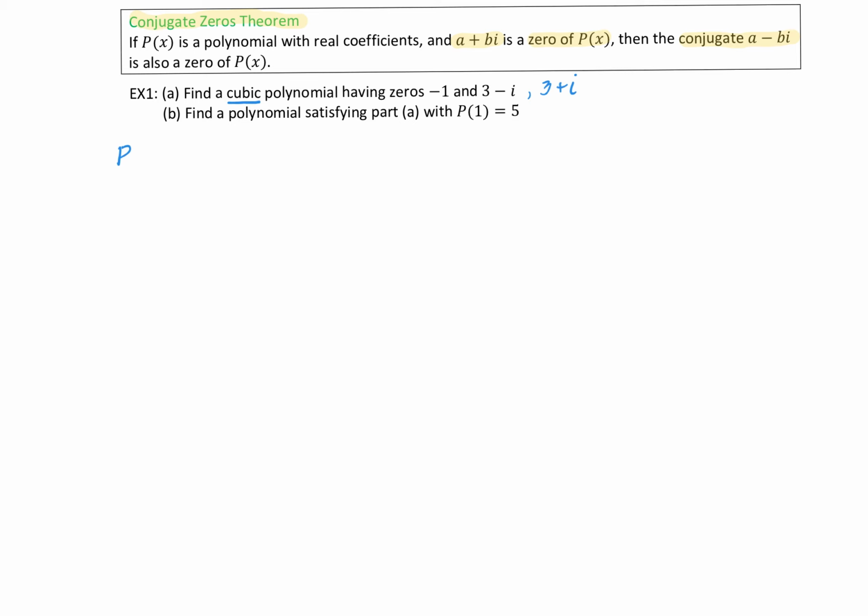I can use this information in part A to write p of x equal to, so now if -1 is a zero, then x minus -1, which is x plus 1, will be a factor. If 3 minus i is a zero, then x minus parentheses 3 minus i will also be a factor, as well as x minus parentheses 3 plus i.